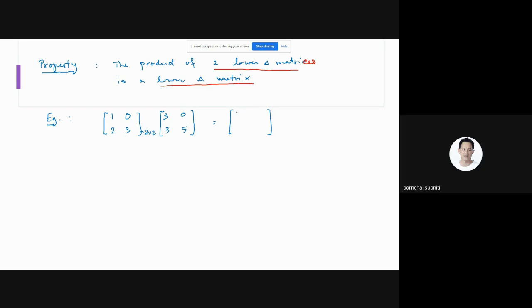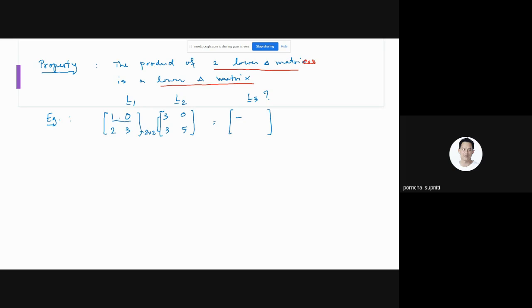It's fine. Let us multiply. So you see that this is a lower triangular matrix, this is a lower triangular matrix. Let me call them L1 and L2. When you multiply, you get L3, hopefully. The first element, we compute from row one multiplied with column one, element by element.